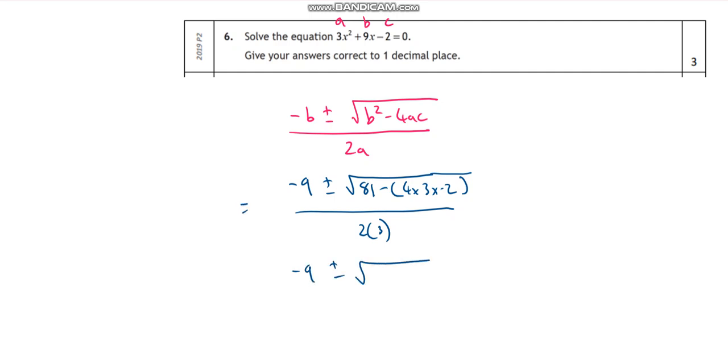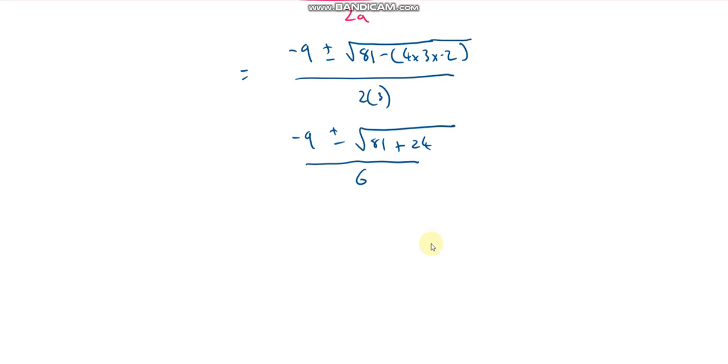So plus or minus, is that 12 times 2 is 24, so that's 81, and that'll become plus 24, divided by 6. And I think I'll just do one more line, so negative 9 plus or minus the square root, so that's going to be 105 divided by 6.